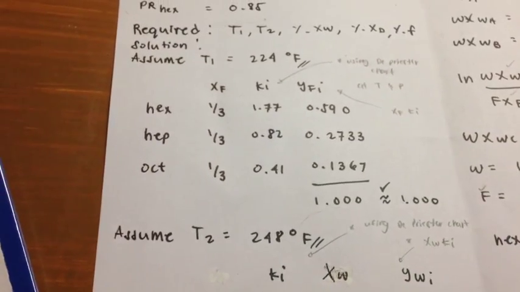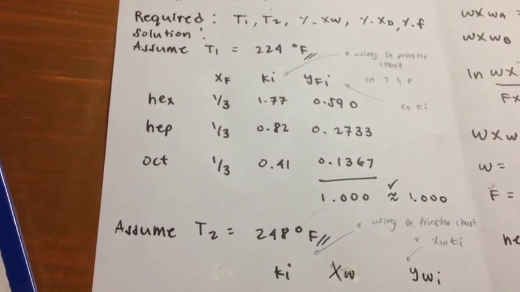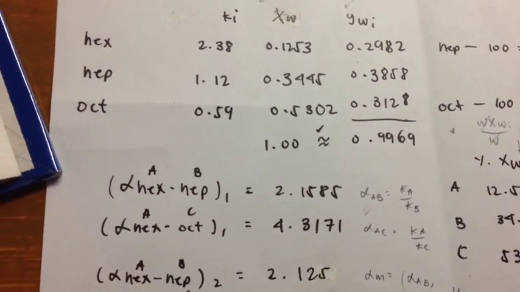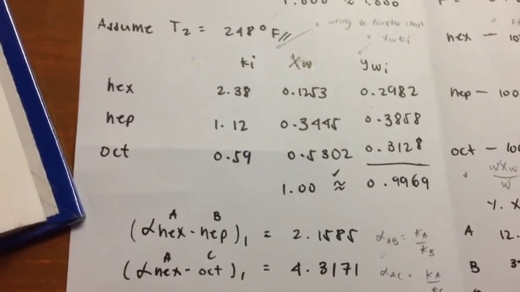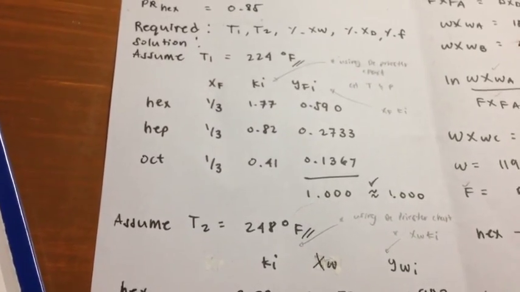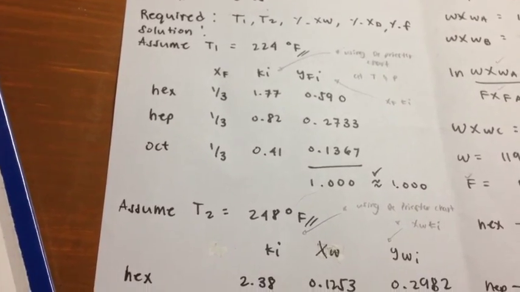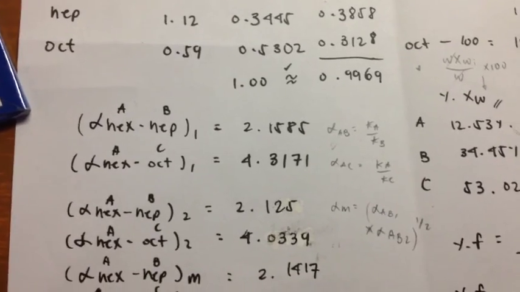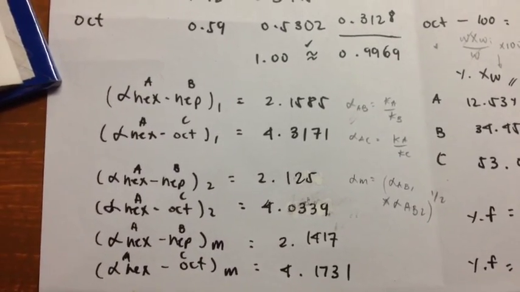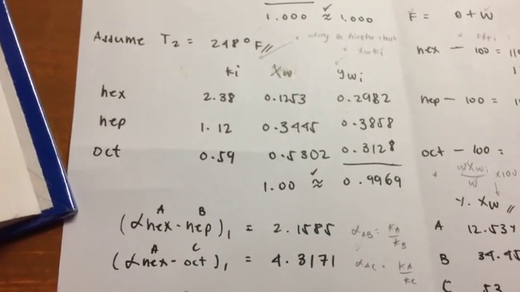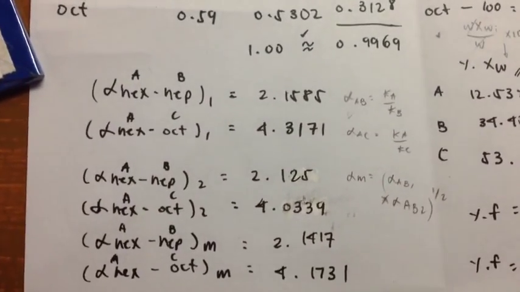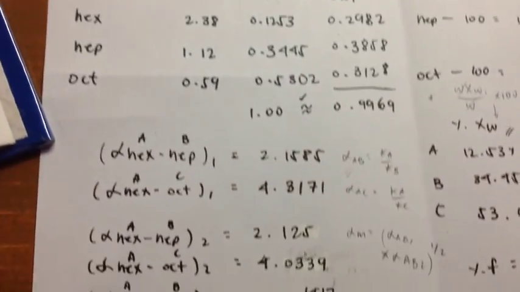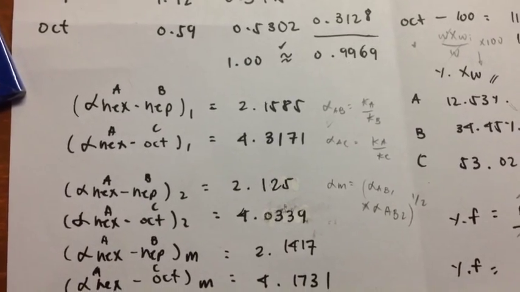Using K1, 1.77 over 0.82, we get a value of 2.1585, and alpha hexane-octane is obtained by dividing 1.77 over 0.41, which gives 4.3171. For alpha 2 hexane-heptane, we divide 2.38 over 1.12 to get 2.125, and we divide 2.38 over 0.59 to obtain 4.0339.